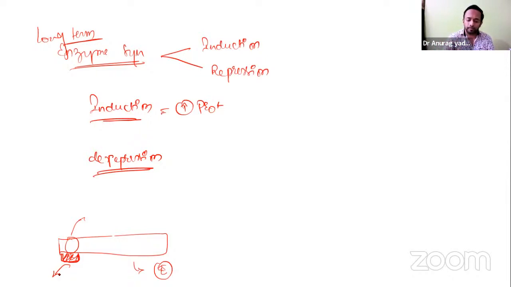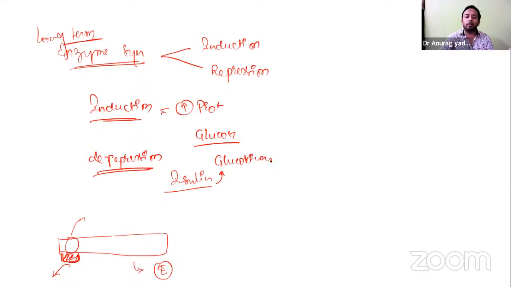Like for example, you have taken glucose, through your diet, through food you have taken a lot of glucose. What will insulin do? Insulin will tell the body, please synthesize a lot of enzymes required for glucose metabolism. A lot of glucokinase enzyme is increased.